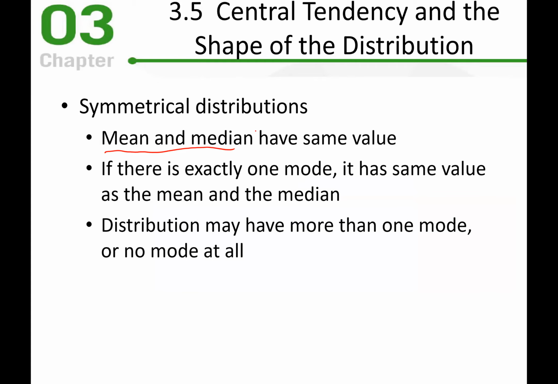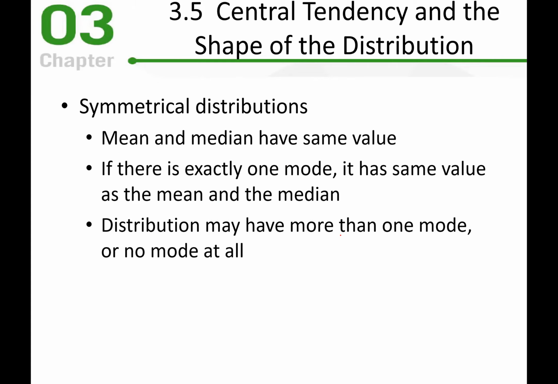And if there is one mode, it too is going to have the same value as the mean and the median. So if it's one mode and it's a symmetrical distribution, the mean, the median, and the mode will all be the same number. A distribution could also have more than one mode, or no mode at all.